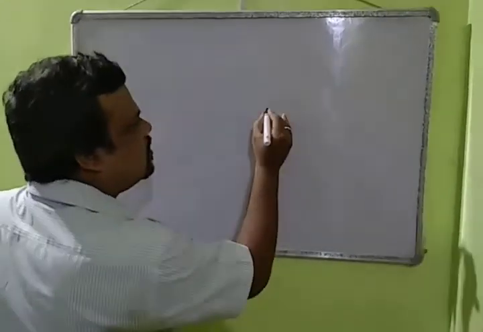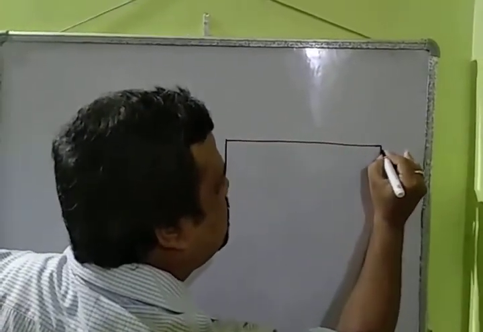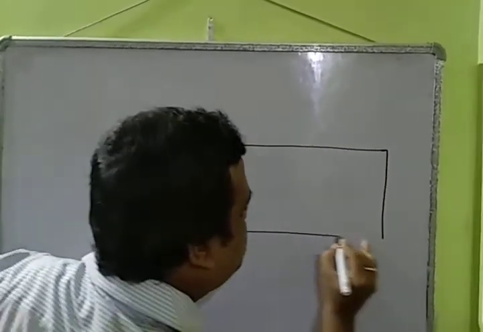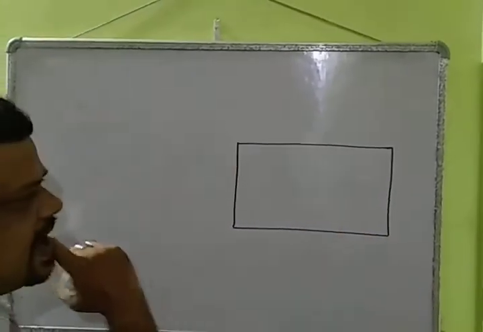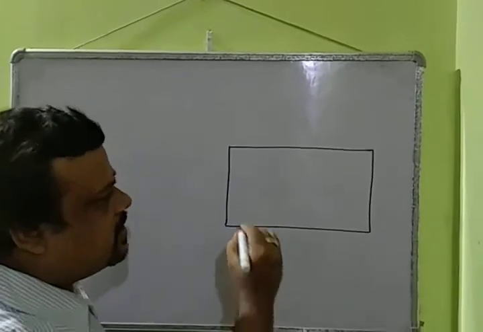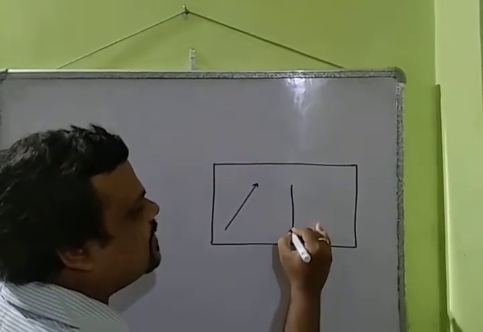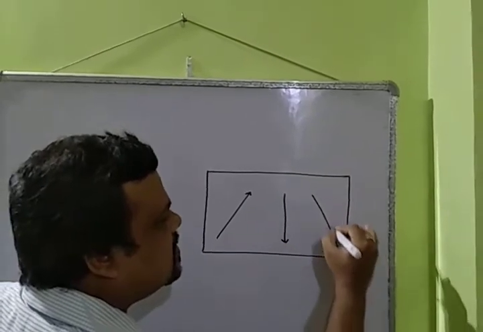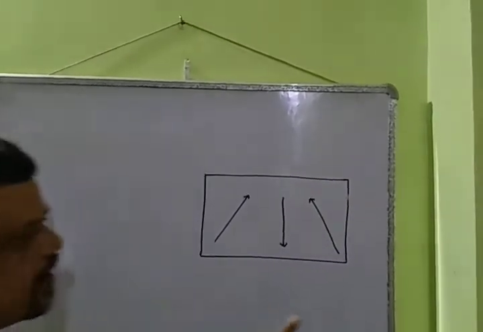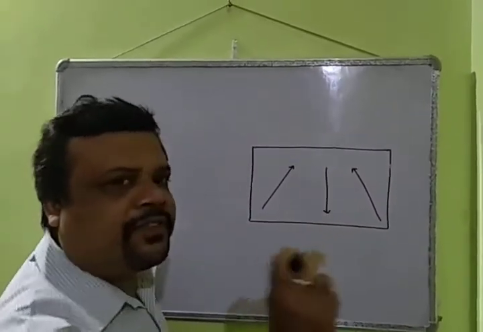Drift velocity. As temperature increases, suppose the electron is moving like this, or like this. Here we have to understand the electrons are moving like this because of the thermal velocity.